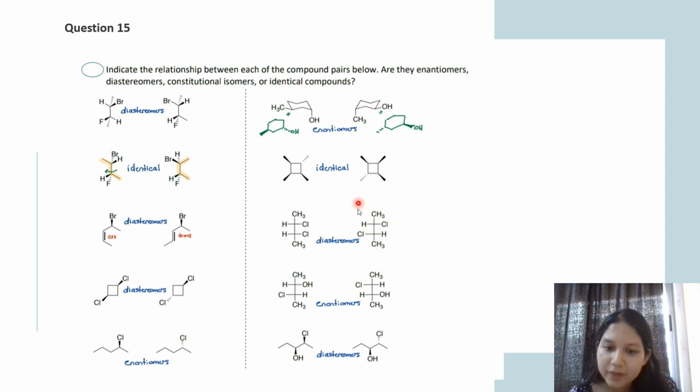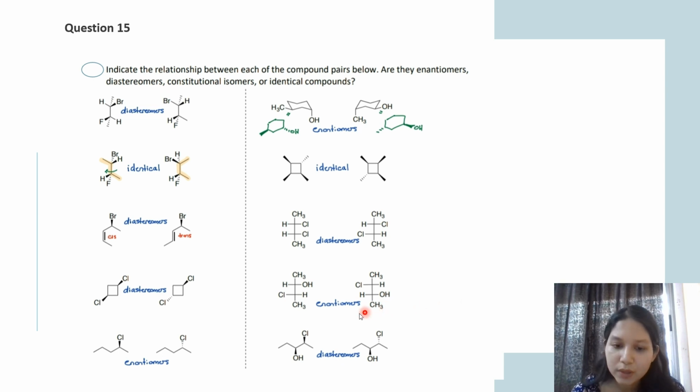Thus we have SS configurations for the stereogenic centers present in this molecule. The earlier one has SR and this one has SS, so SR and SS will not be mirror images of each other, and they will be diastereomeric compounds. So this pair, having SR and SS configurations, will be diastereomers of each other.